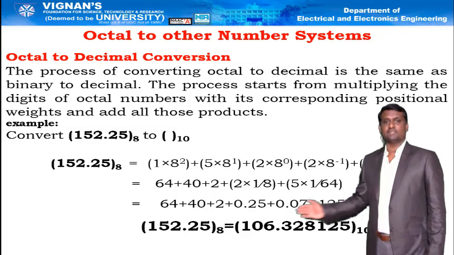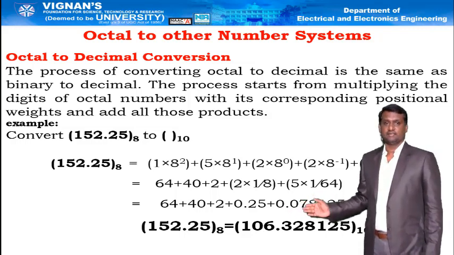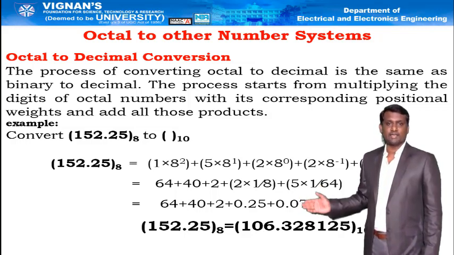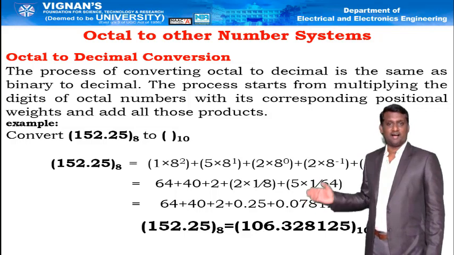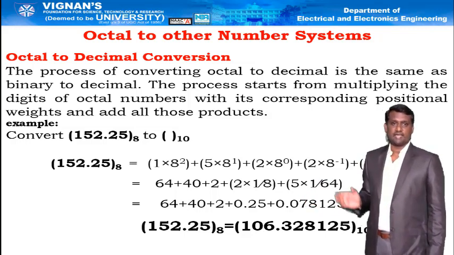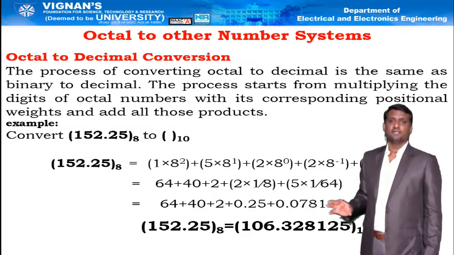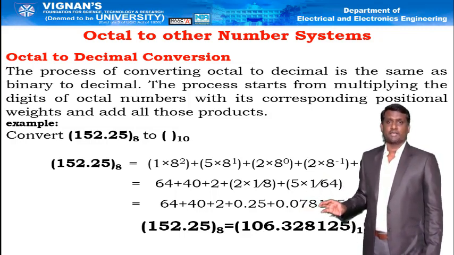Adding all those numbers, we get 106.328125 as the equivalent decimal number for the given octal number. So like that, multiplying the digits of the octal number with its corresponding positional weight and adding all those numbers, we get the respective decimal number.